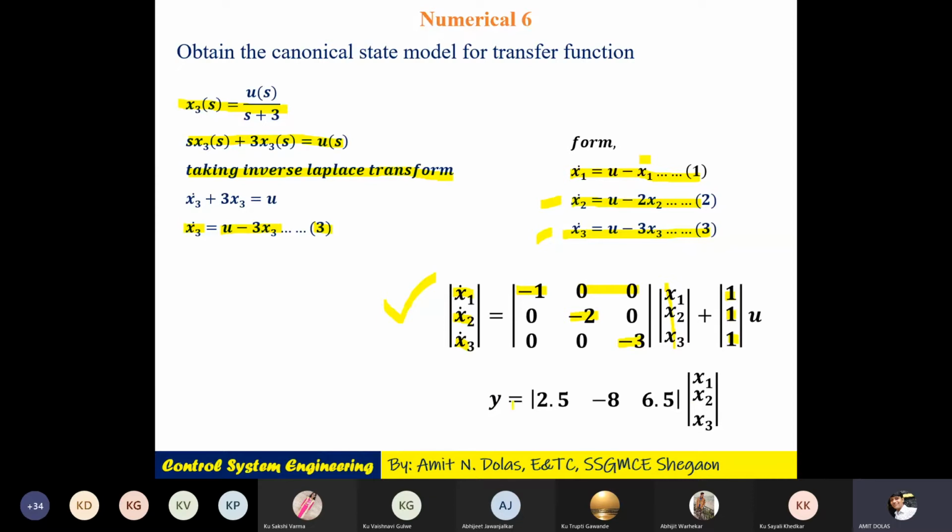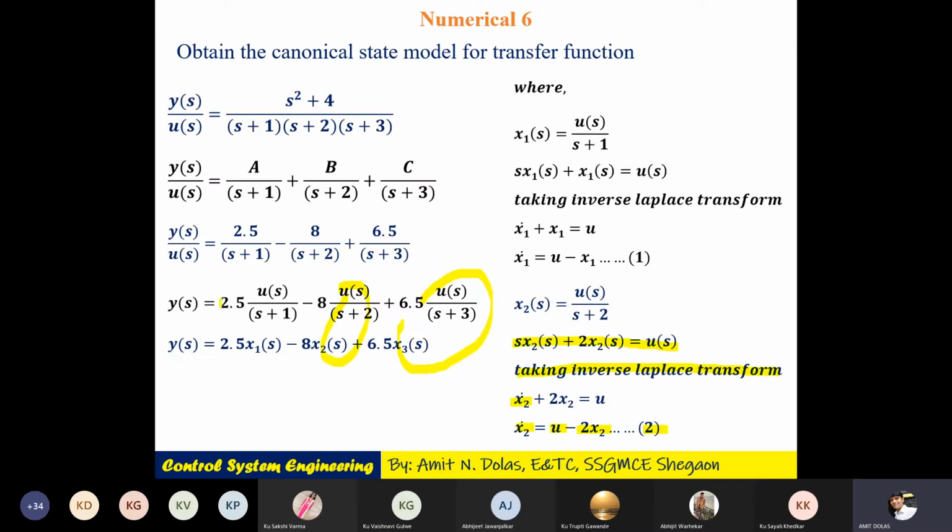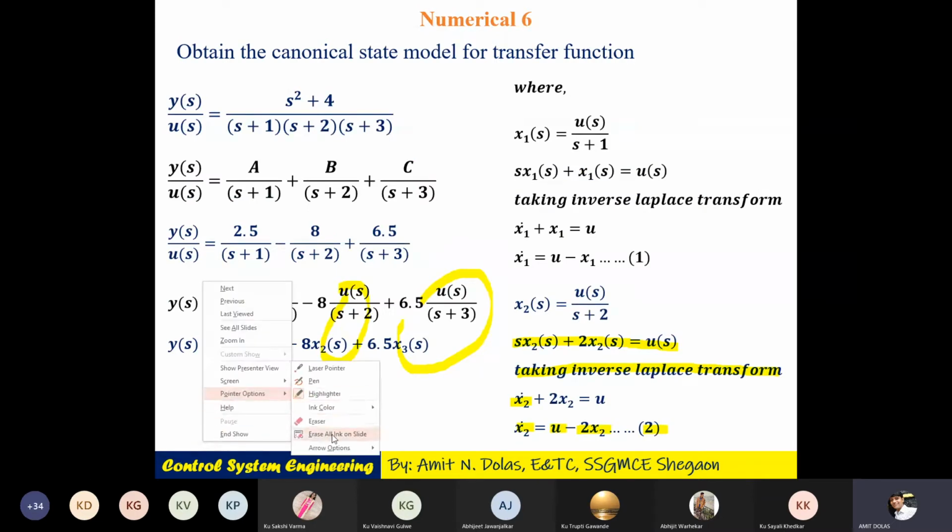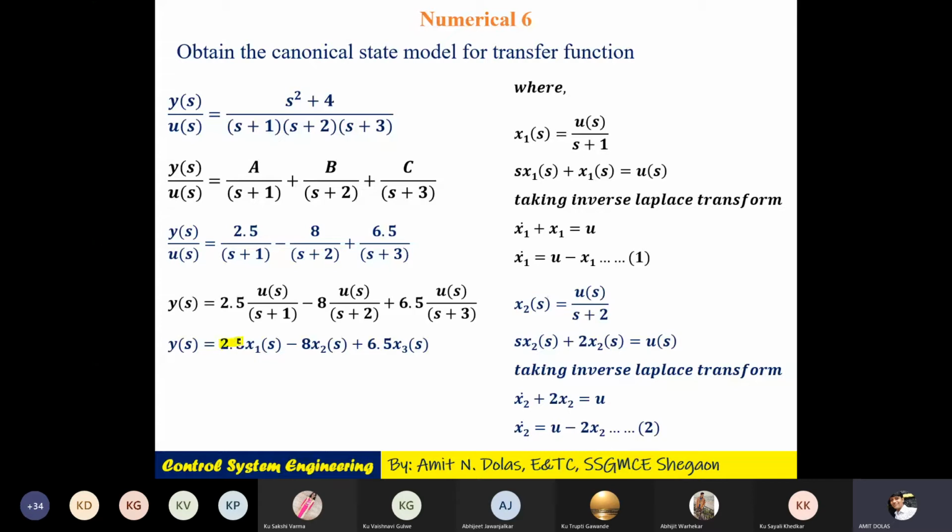And what about y of t, or y? For every state you have a coefficient: 2.5 with x1, minus 8 with x2 and plus 6.5 with x3.